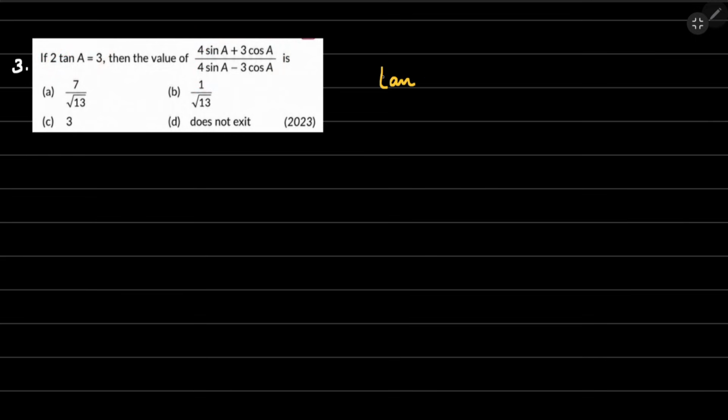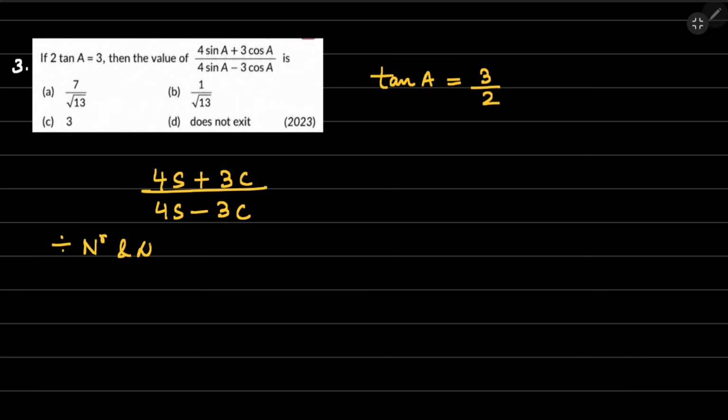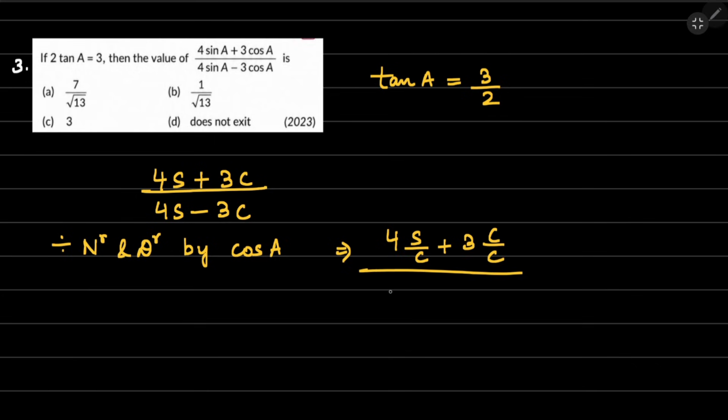Here you are given 2 tan A equal to 3. So tan A will be equal to 3 by 2. Let's keep it aside. So you are given 4 sin A plus 3 cos A divided by 4 sin A minus 3 cos A. So again, divide numerator and denominator by cos A. So what would you have? 4 sin by cos plus 3 cos by cos, whole divided by 4 sin by cos minus 3 cos by cos.